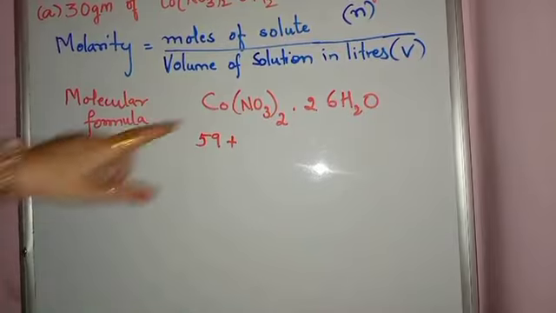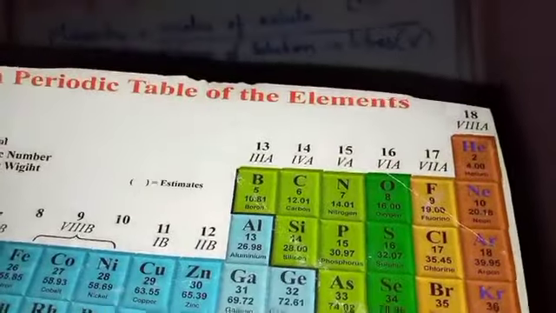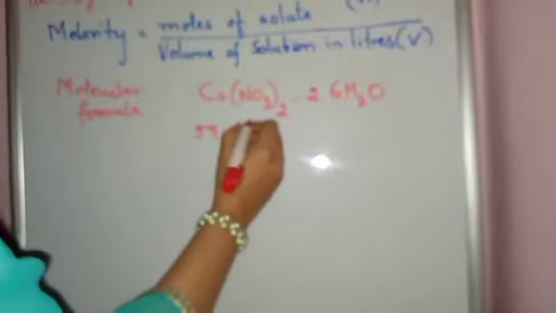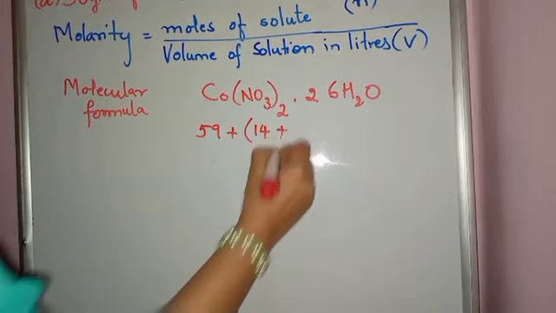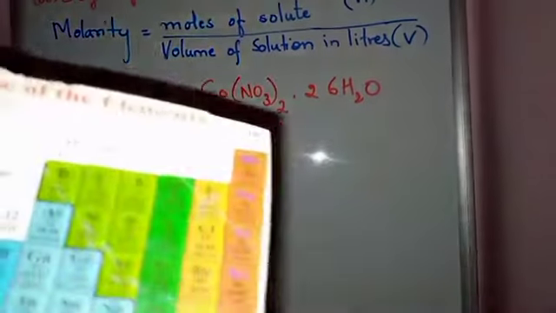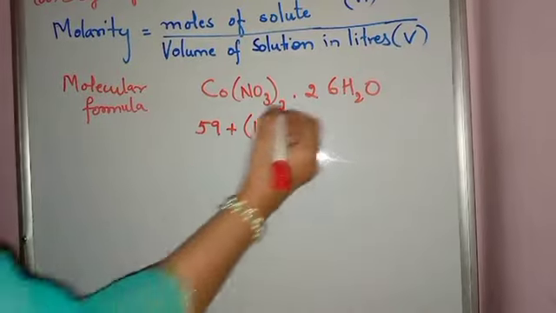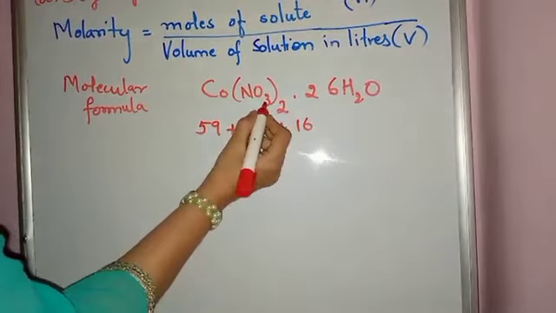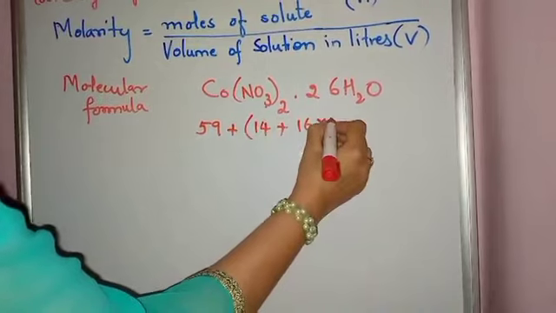Plus, nitrogen. What is the atomic weight of nitrogen? It will be 14. Bracket closed. 14 plus, how much is oxygen? Can you see it? 16. How many oxygen atoms? 3, multiplied by 3.